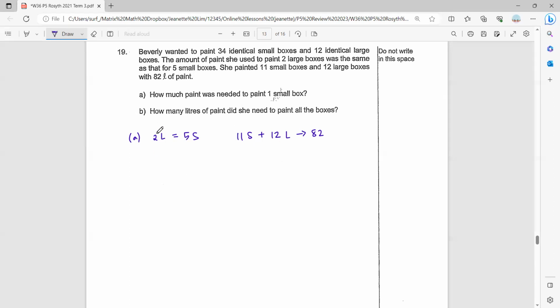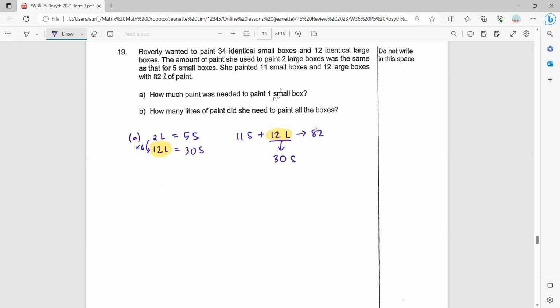Okay, so here I need to change to 12. This is times 6. So this is 30. Okay, see that this here is the same as this here. So I want to change it to small. Change to 30 small. Okay, so 11 small plus 30 small will give me 82 liters.